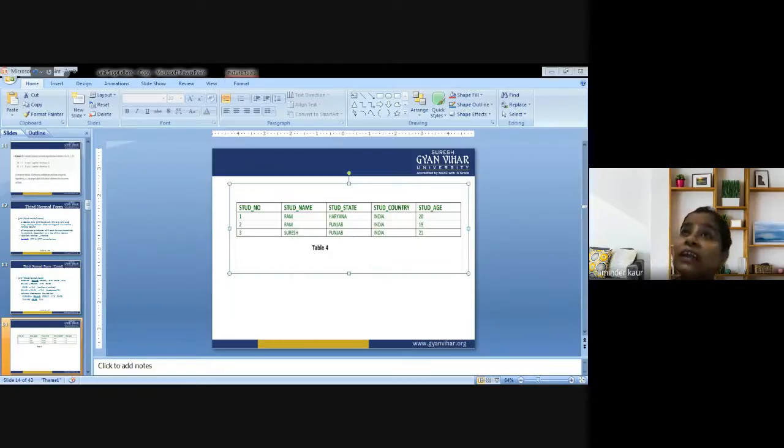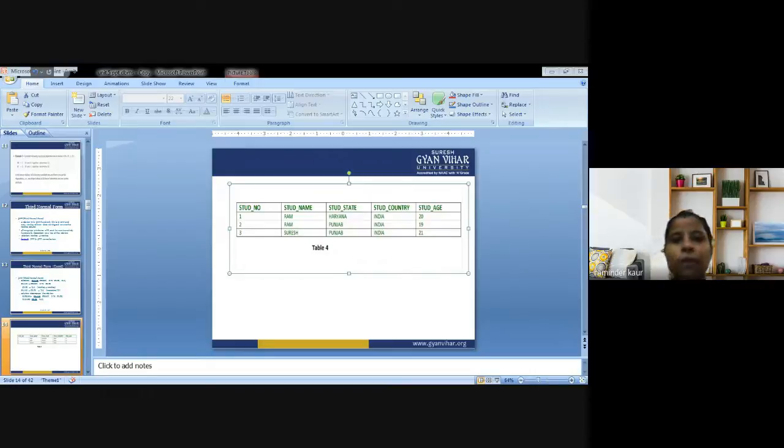So the candidate key is student number. For this relation, student number is deriving student state and student state is deriving student country, that are true. So student country is transitively dependent on student number and it violates the third normal form.